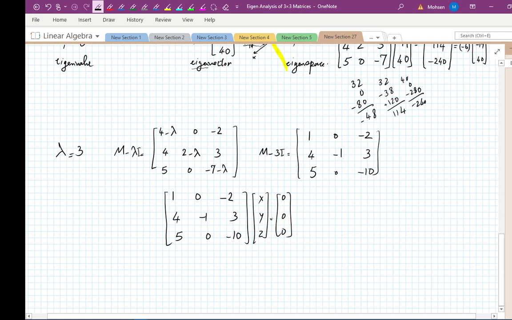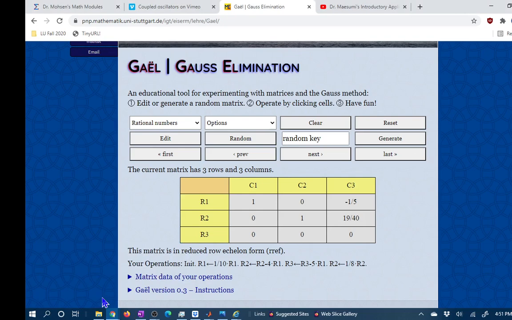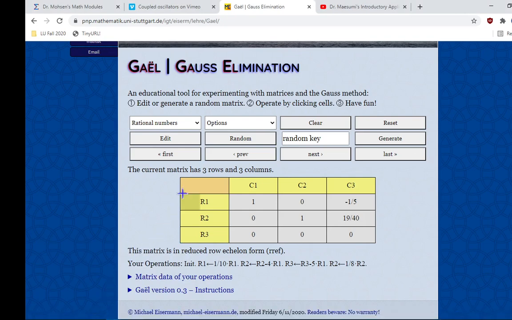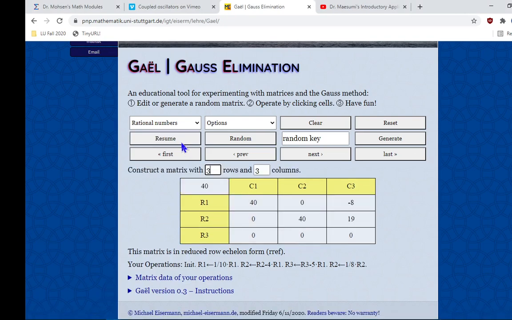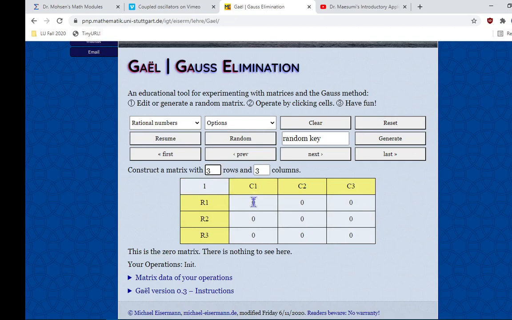Again, how do we find it? Your choice to do it by hand or going to this lifesaver here. If you want, you can always reset and restart. That was the previous problem, so I restart, edit, come here.